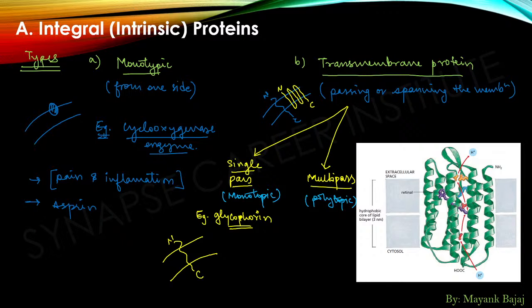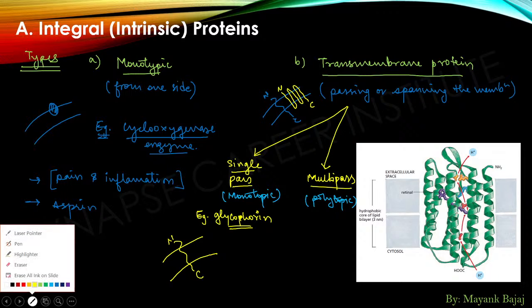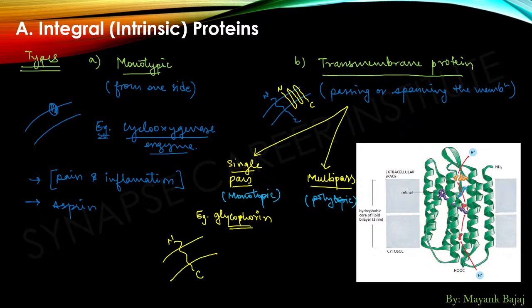We can divide multipass proteins further into single subunit protein, or the second one is multi subunit protein.